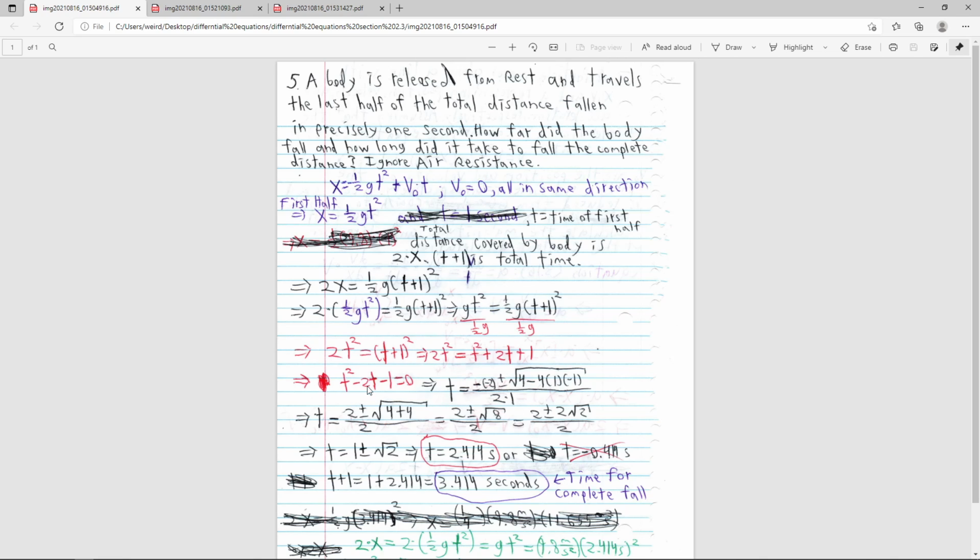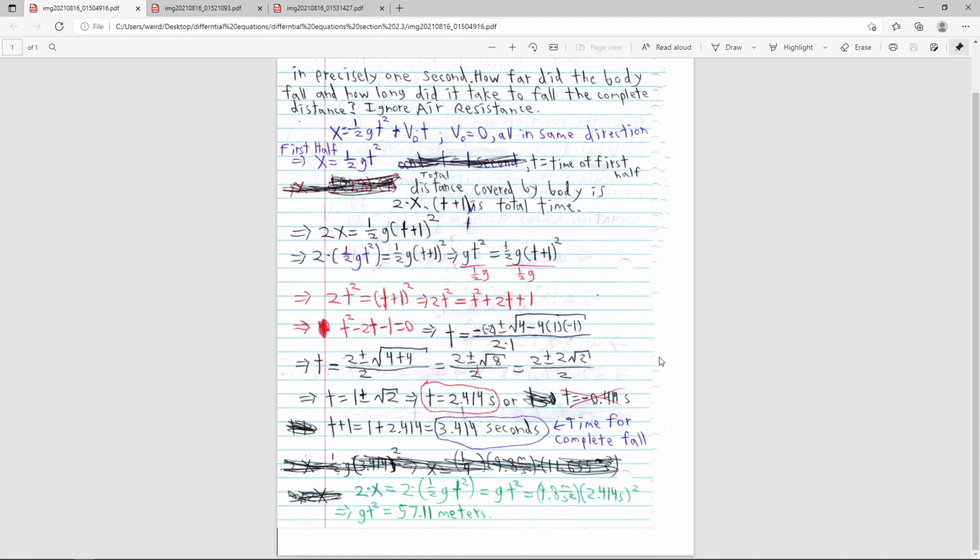We simplify so everything's on the left side and equal to 0, and we do the quadratic formula again. Very, very common. You have to know the quadratic formula by heart. So t squared minus 2t minus 1 equals 0 is what we end up with.